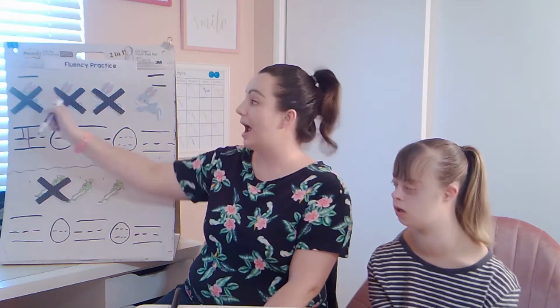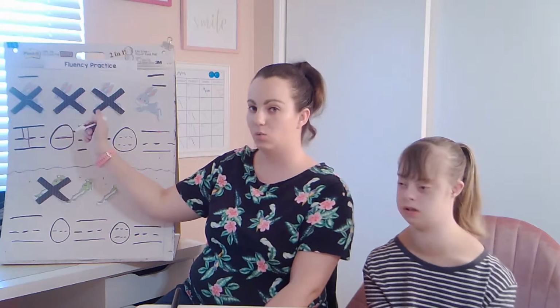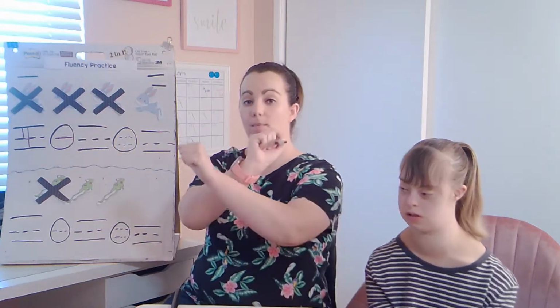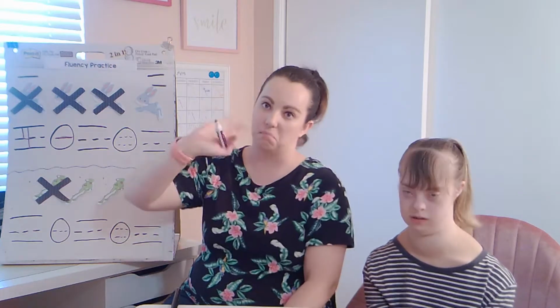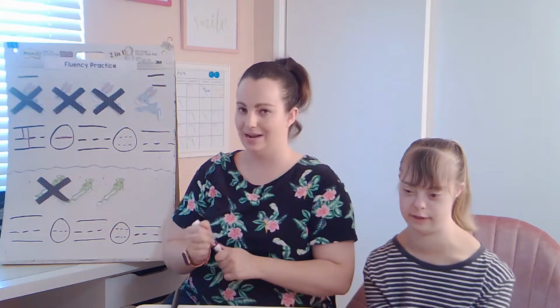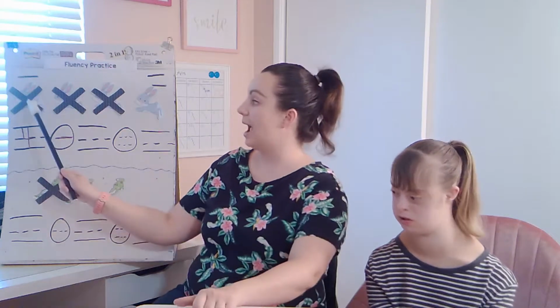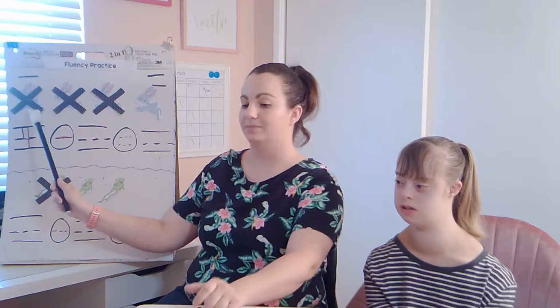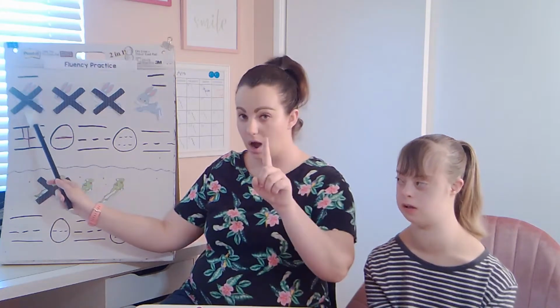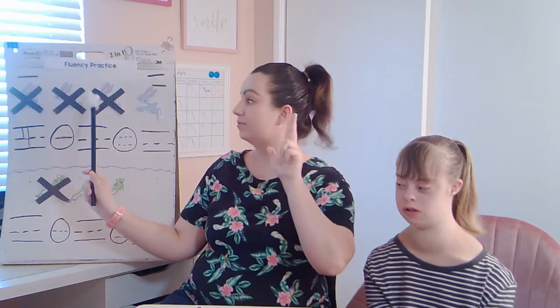Next we write how many we're taking away. How many are marked off or crossed out or have an X on them to say bye to those bunnies. Okay? So now we have to count how many we're taking away. You're going to count all together. Ready, set, count with me. 1, 2, 3.